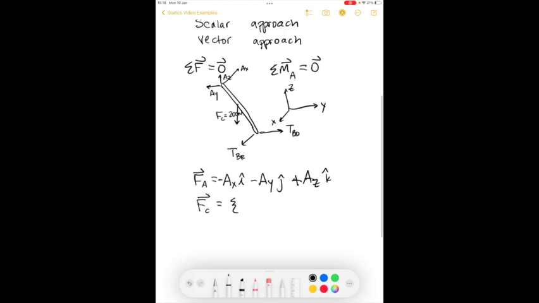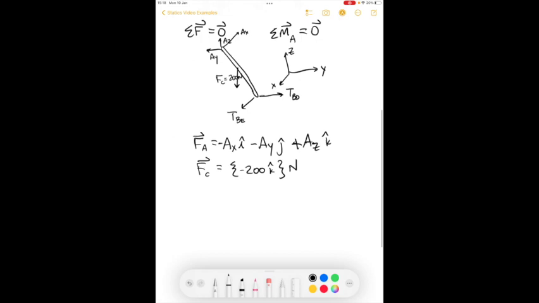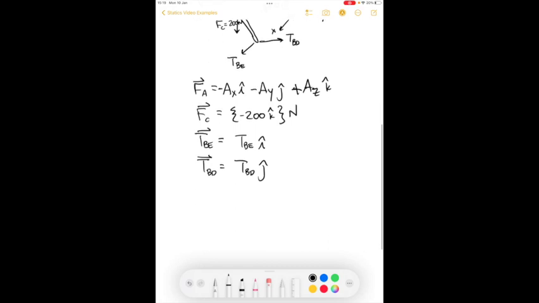FC as a vector is negative 200 in the K direction, units of newtons. Then we have the tension in BE, it's just equal to its magnitude, and it's pointing in the positive X direction. And the BD cable, just its magnitude, which we don't know, pointing in the positive Y direction.